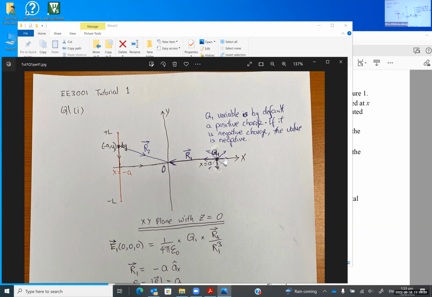So how do you see the electric field? Where is the electric field from that charge? Will it radiate outwards from the charge or inwards into the charge? Outwards. Why is it outwards from that point charge?